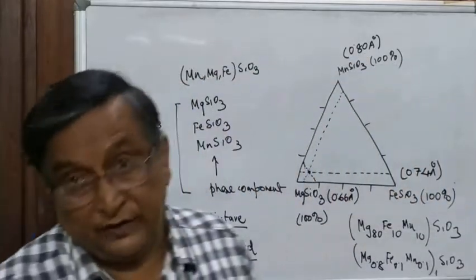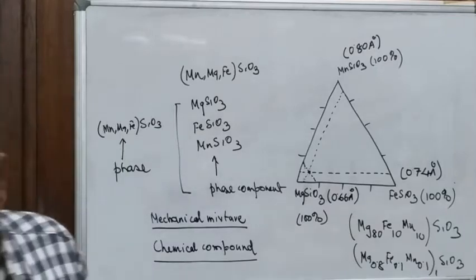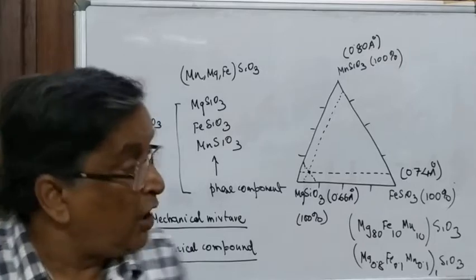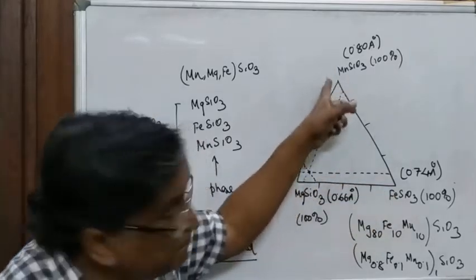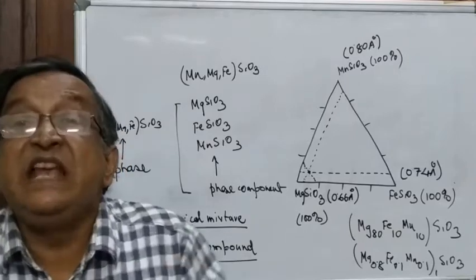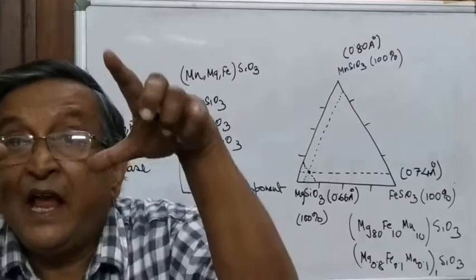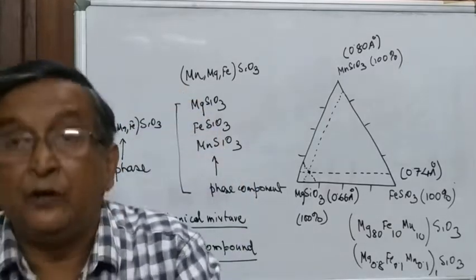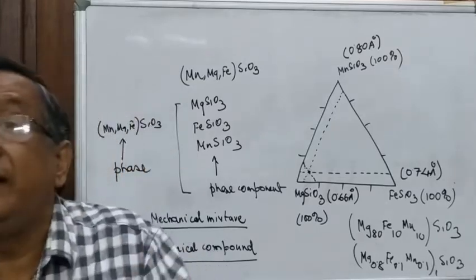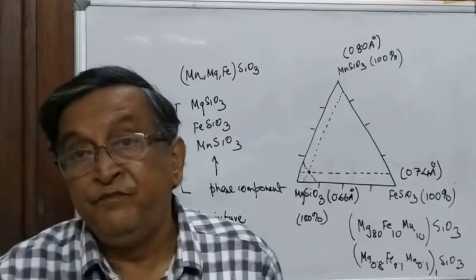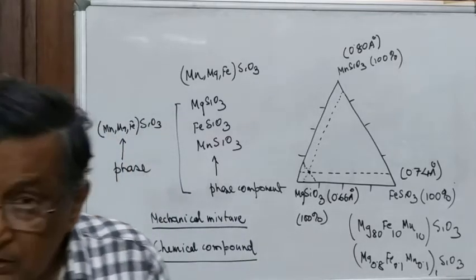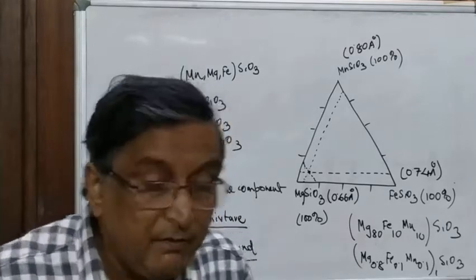That is a hell of a lot of difference in structures. So obviously, all three components have different structures and therefore different microscopic properties. Yet they form a chemical compound, which we call solid solutions, because this compound forms in the solid state, unlike sugar solution in a liquid state. So I think I have made my point clear.